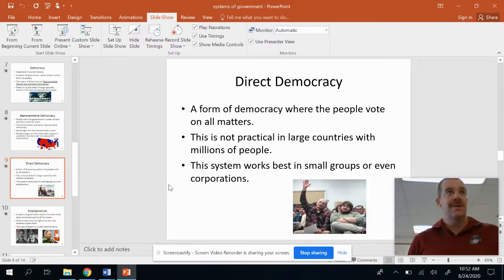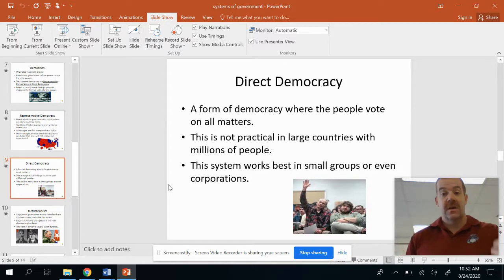So, for instance, what's a big issue today? Say students are always concerned about this: the legalization of marijuana. In a direct democracy, everyone would vote on this issue. Now, you can imagine how long that would take to get this issue resolved. That's why we have a representative democracy, to get laws passed quicker.